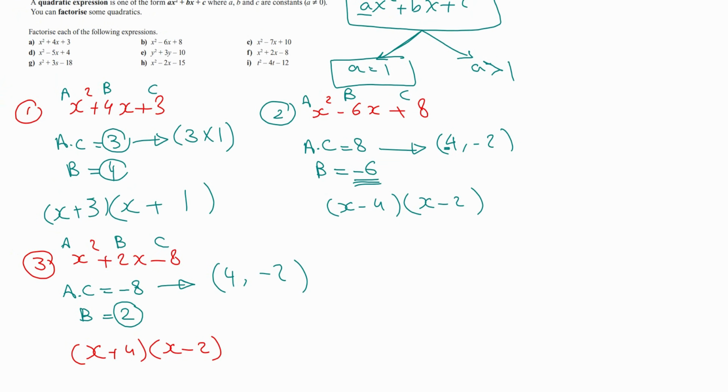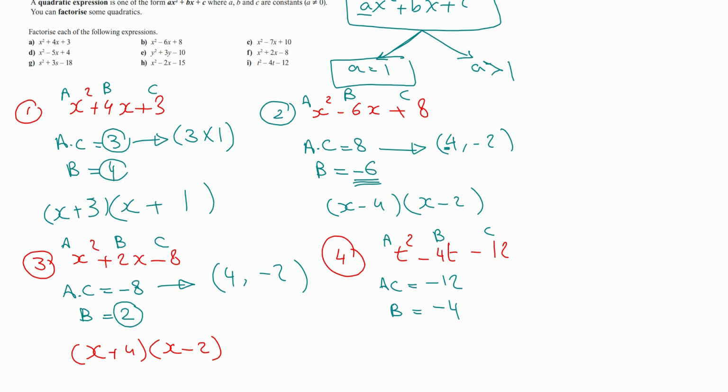Question number 4. If we have t squared minus 4t minus 12. Okay, we label a, b, c. ac equals negative 12, b equals negative 4.